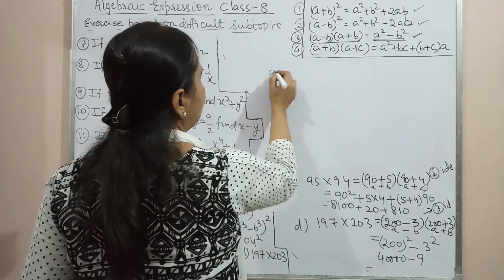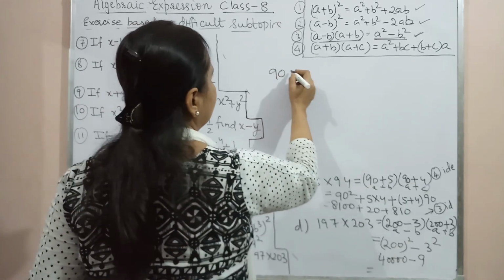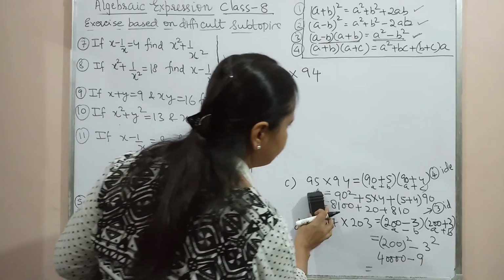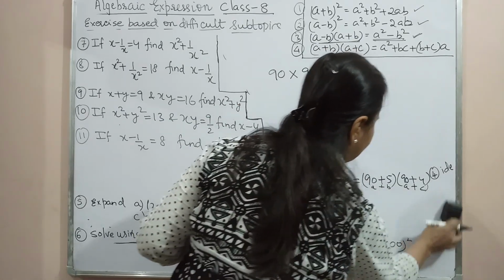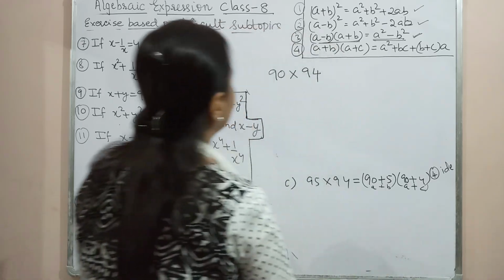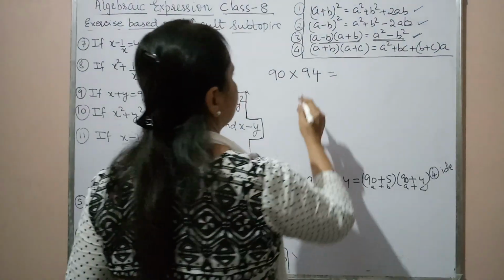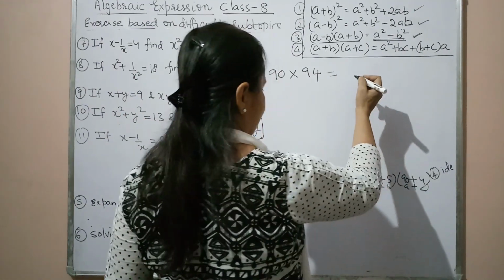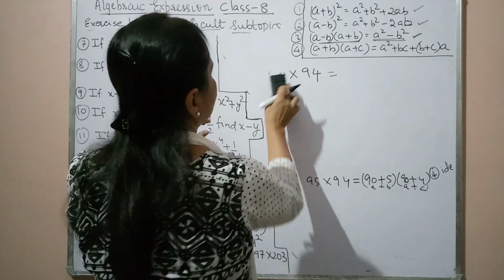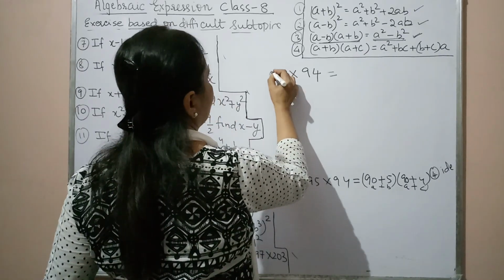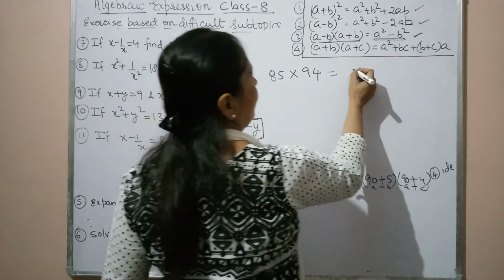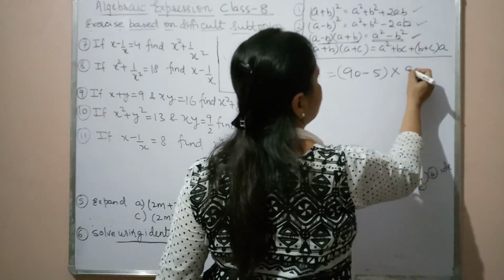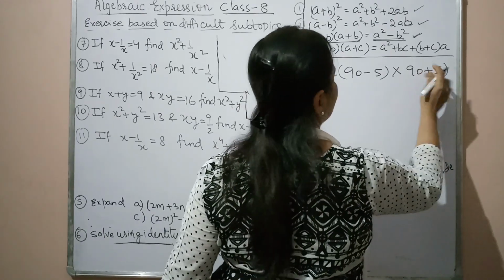Now suppose here I have 90 into 94, if I compare with this question, then we can write this as 90, sorry, suppose we have, instead of this, 85. So how will we write 85? 90 minus 5 multiplied by 90 plus 5, sorry, 4.